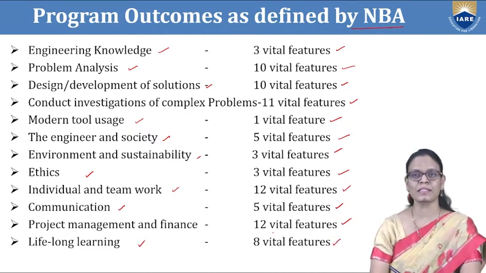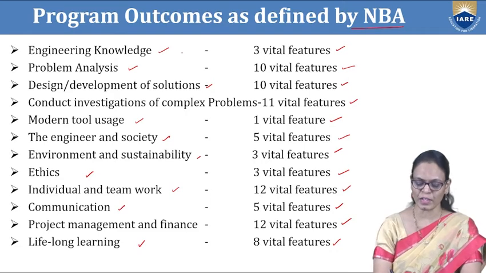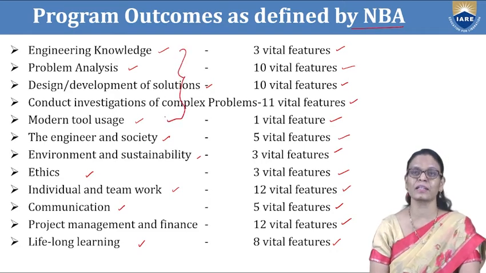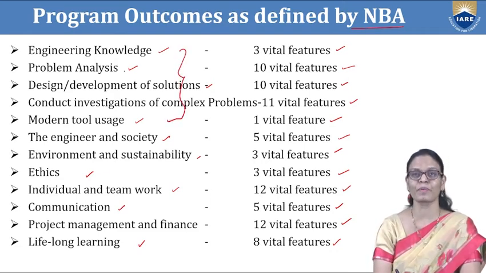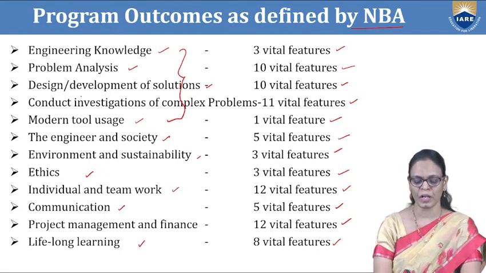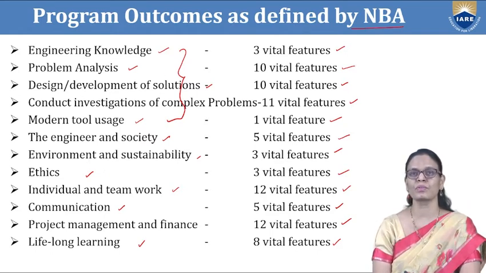By this itself, you can understand how clearly these POs are defined. If you see, the first 5 are technical in nature: engineering knowledge, problem analysis, design and development, conduct investigations, and modern tool usage. All these are technical, related to the course or the program.